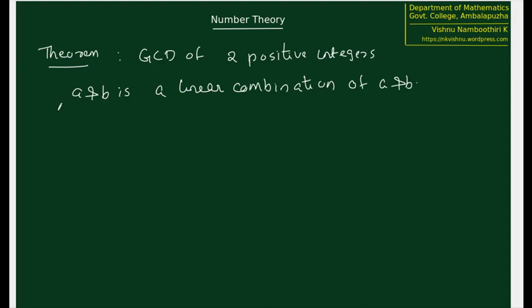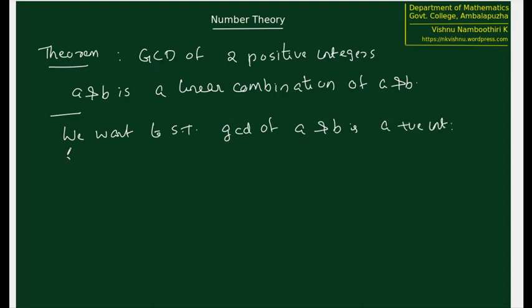So this is what we want to show: that the GCD of A and B is a positive integer of the form A alpha plus B beta, where alpha and beta are some integers.